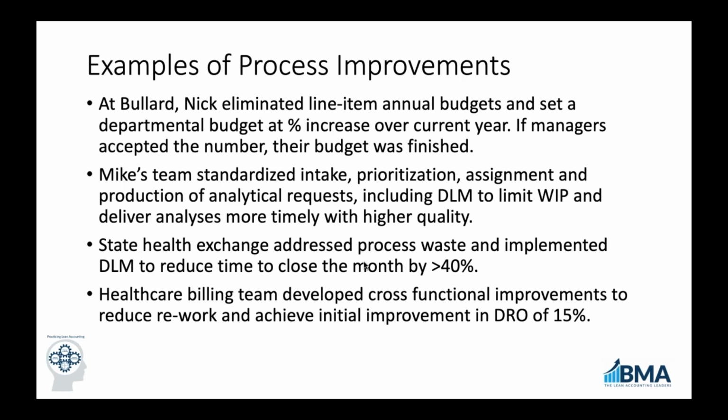And so what we came up with is, okay, let's eliminate the line item budget and just set a departmental budget, a bottom line number. And as opposed to having that sort of rework loop of a manager submits a budget and then it goes back and forth before it finally gets finalized, we just said, we're going to give you a recommended budget based on current performance, based on the numbers in the current year plus what we at a high level expect or want in our financial projection. And this was very high level.